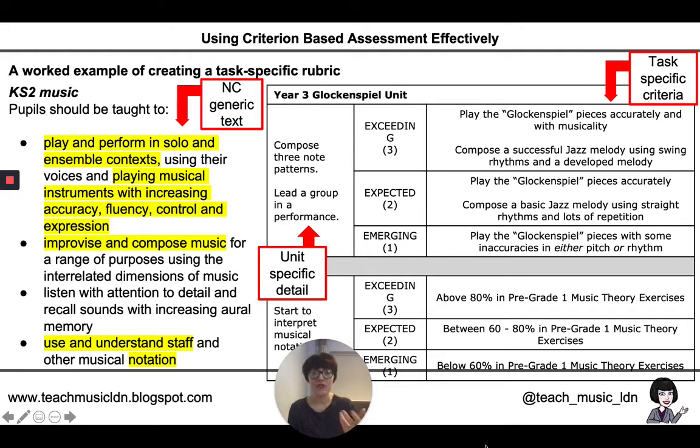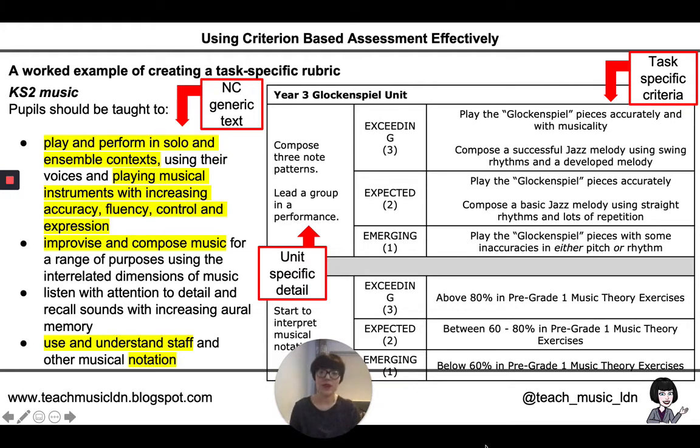And we want to see specific jazz features such as swing rhythms. If we were looking at a different style of music, then that 3-note pattern composition task would look different, and therefore the assessment criteria would look slightly different in each unit.